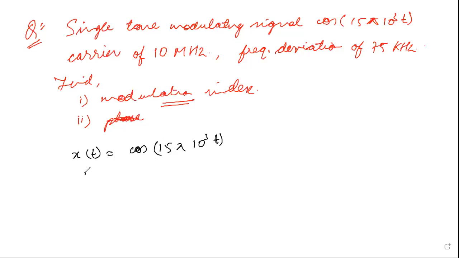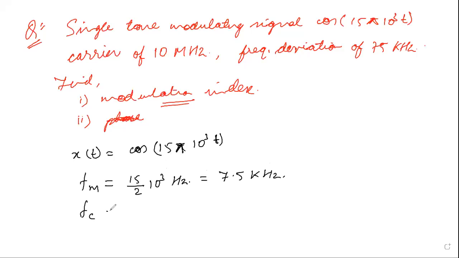So what is the value of Fm here? The value of Fm is 15 by 2, 10 to the power 3 hertz. So you can write it as 7.5 kilohertz.